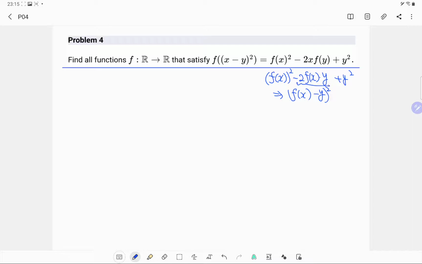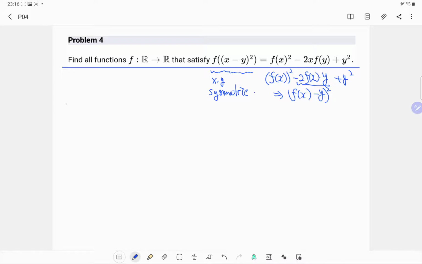However, x and y are swapped for the middle term. So next, we observe that on the left hand side, x and y are symmetric, which means that if we exchange x and y, the left hand side will be the same.